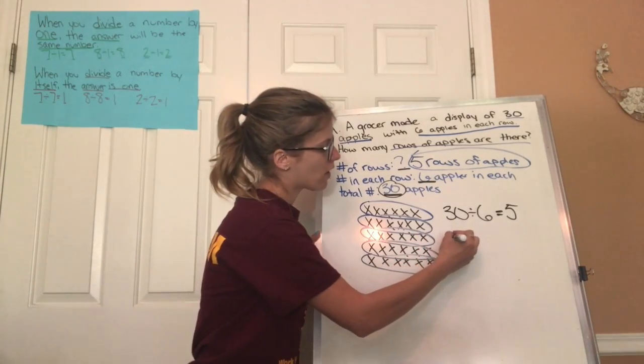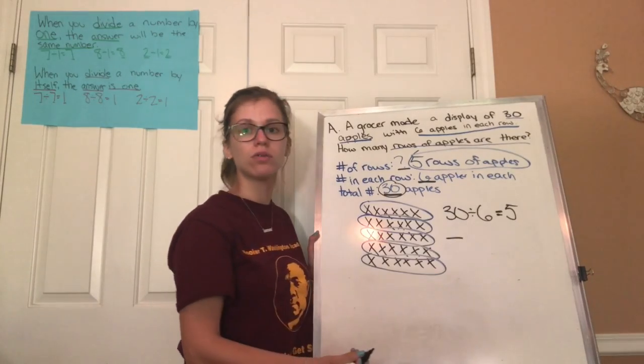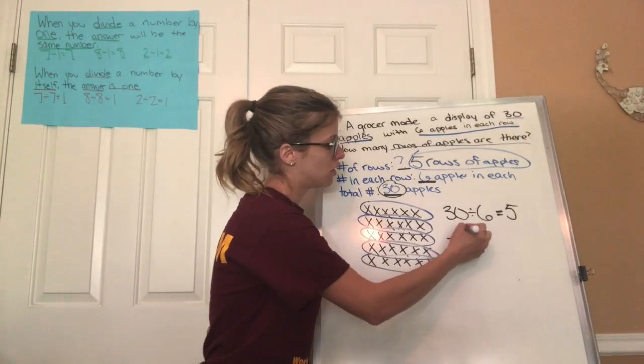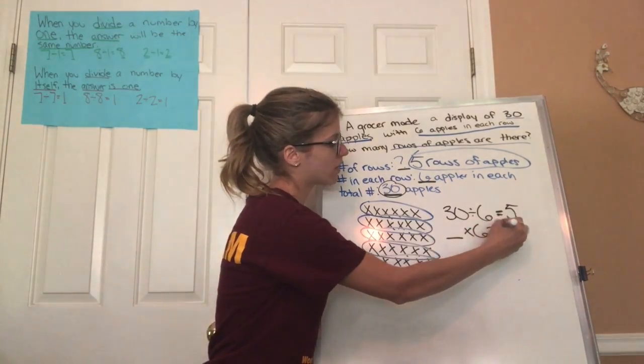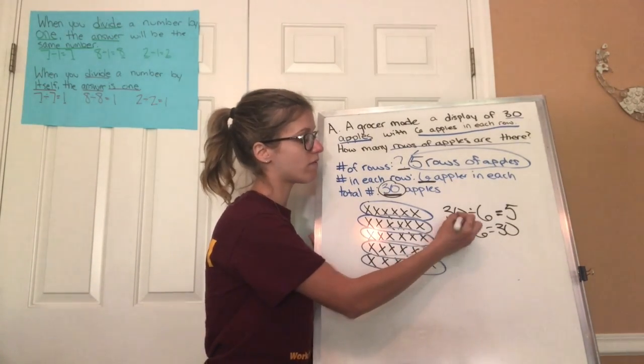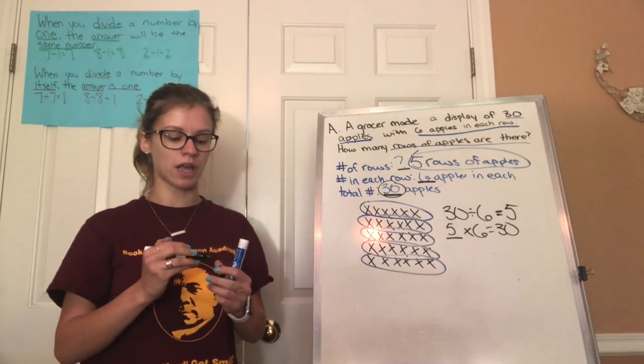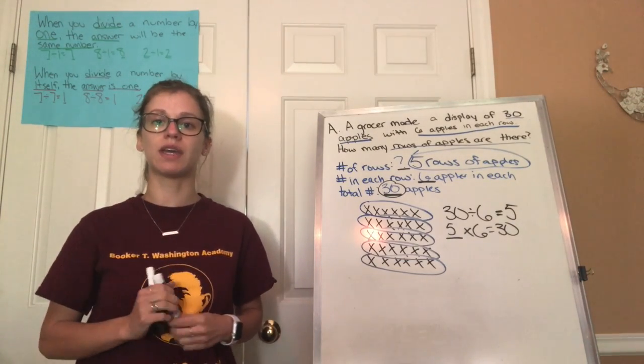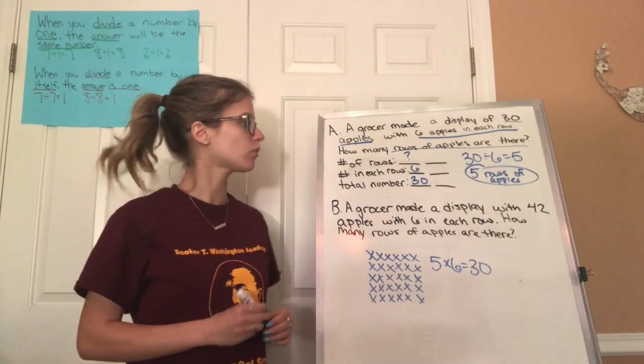I could have also figured out that if there were blank rows times 6 in each, I would have to get to 30. And some of you might already have known that 5 times 6 is 30. I can just flip my equation and make it into a multiplication sentence.